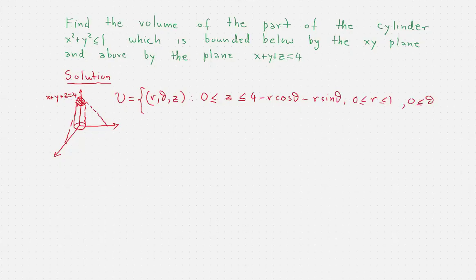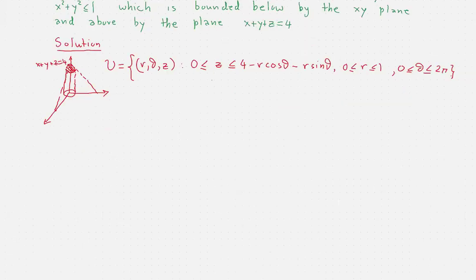And so the volume of this domain, of this 3D region, is going to be the following integral. So we're going to start with integration with respect to z from 0 all the way to 4 minus r cosine theta minus r sine theta. And so that is going to be 1 dz.